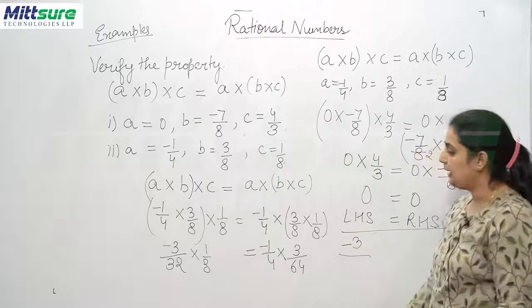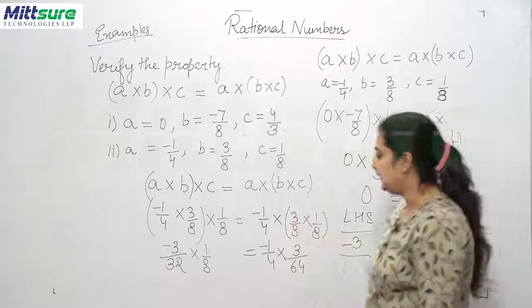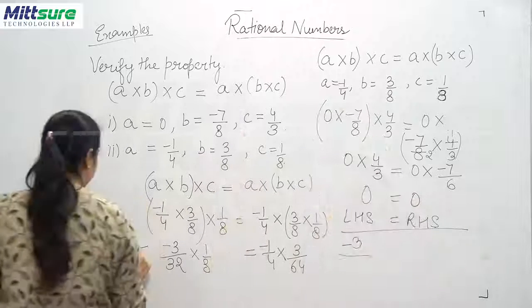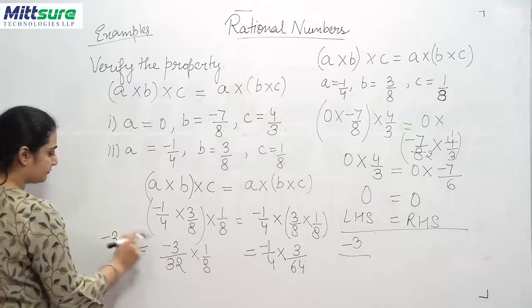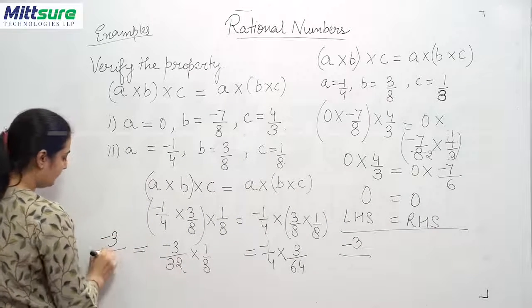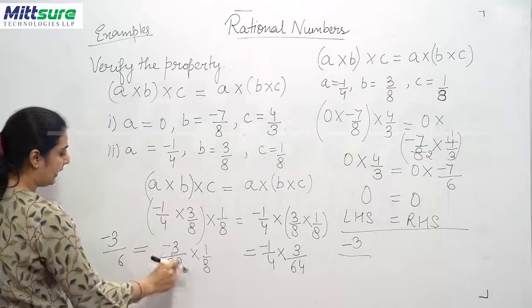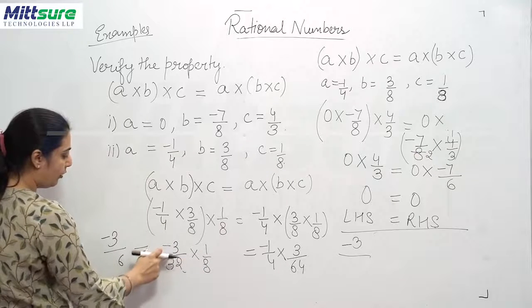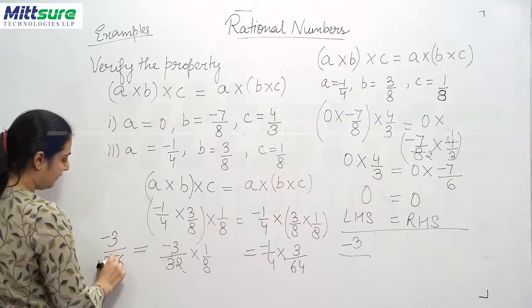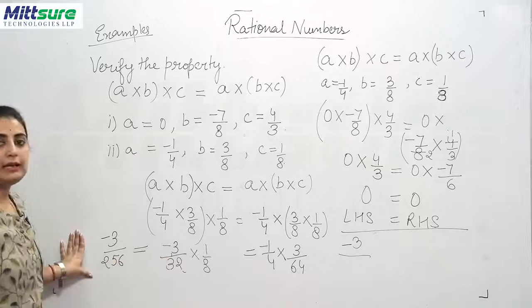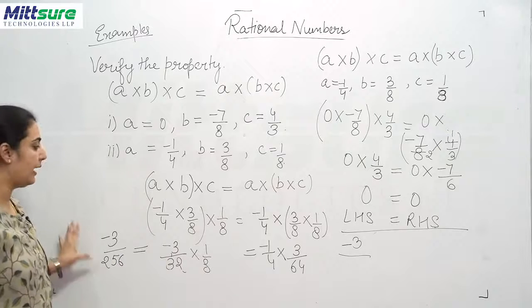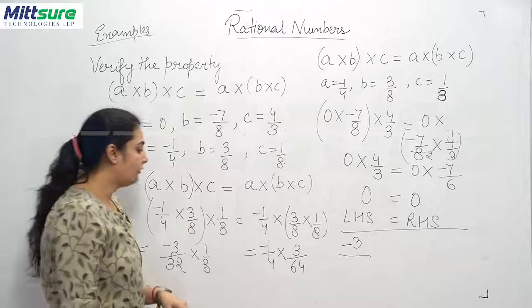When I multiply 32 and 8, what am I getting? 8 2s are 16, 1 carry, 8 3s are 24, 24 plus 1, 25. That is minus 3 upon 256 will be my answer. Now let's solve here.